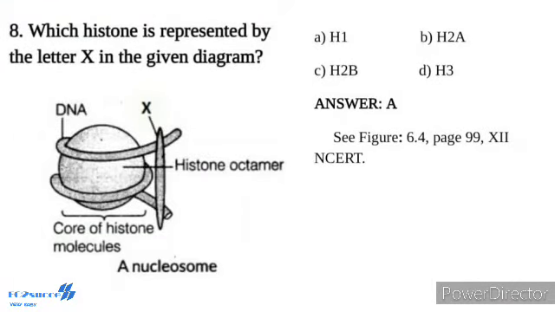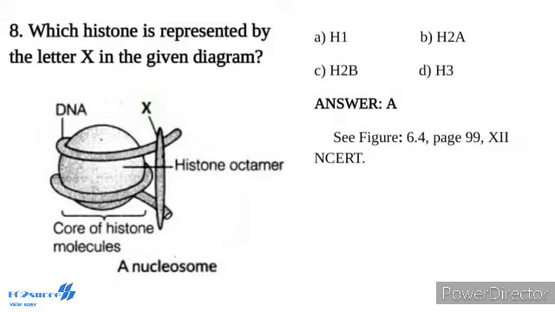Question number 8. Which component is represented by the letter X in the given diagram? Shown in the diagram, nucleosome. In eukaryotes, this organization is much more complex. There is a set of positively charged basic proteins called histones.